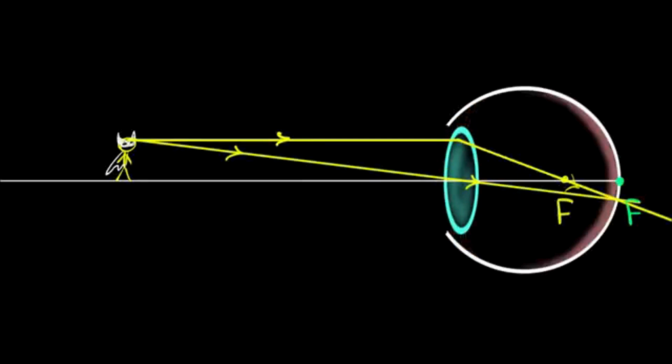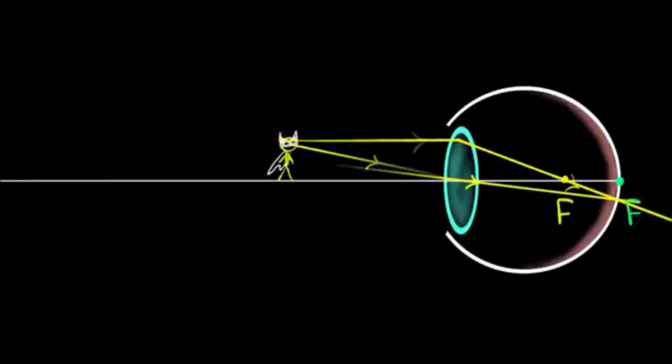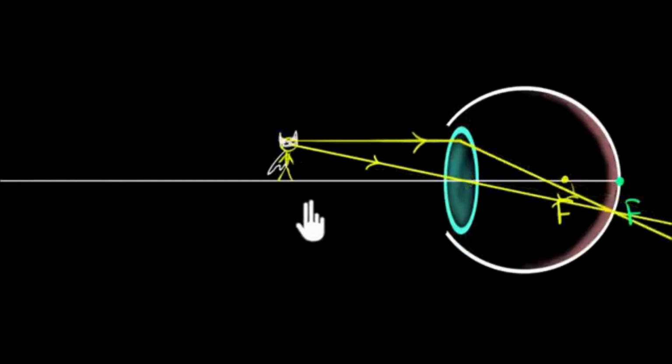But there's a limit to how small the focal length can be. So at a particular distance, let's say at this position, the focal length of our eye becomes minimum, which means it cannot become any smaller. And as a result, if this object were to come even closer, then you can't see it clearly. We call this point the near point, which is represented by D. So the key thing to remember is as the object distance changes, our eyes will adjust its focal length.